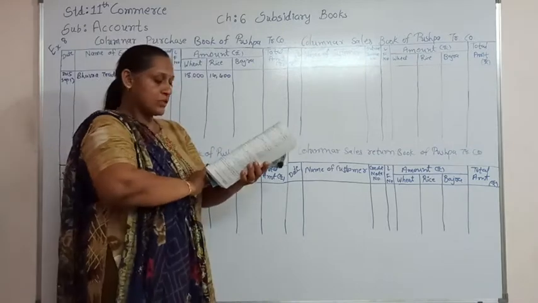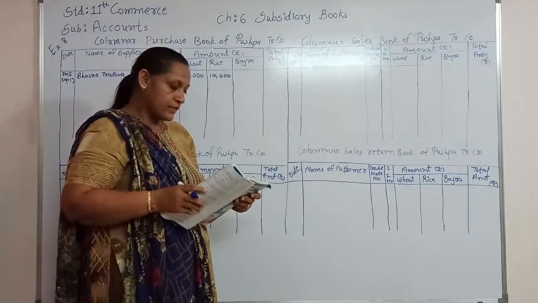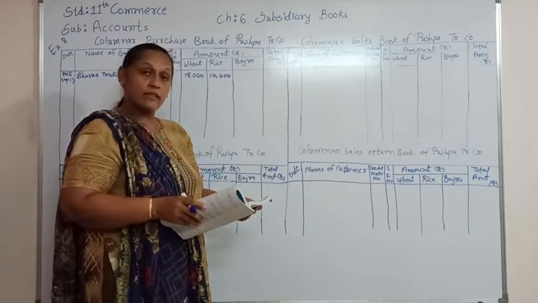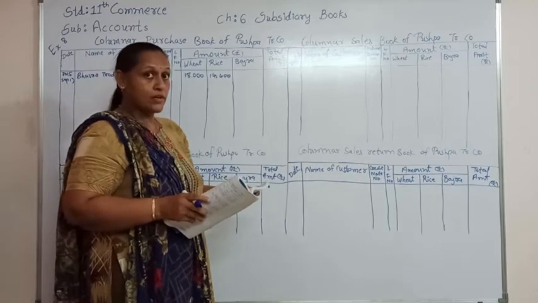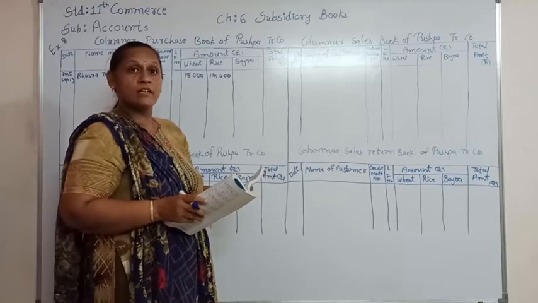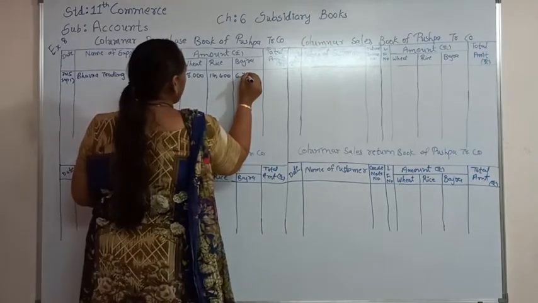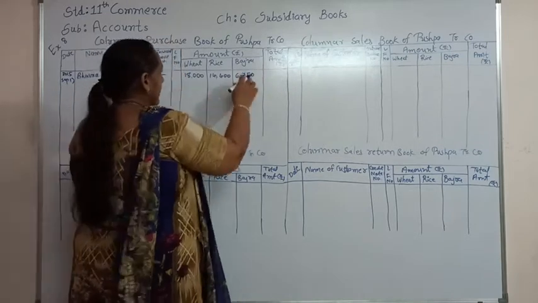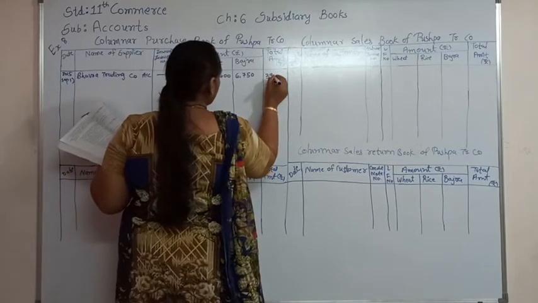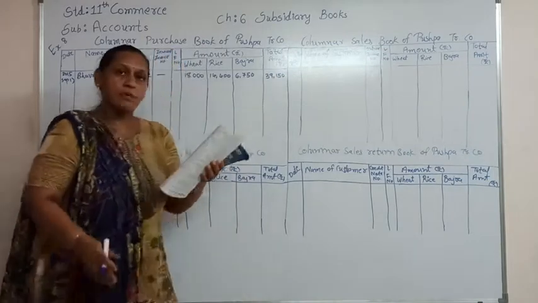And now for the bajra, the amount will be 500 kg at rupees 15 per kg, so that will be 7,500 rupees, and 10% trade discount will be 750, so that will be 6,750 of bajra. And let's make the total of that, that will be 39,150. So this is transaction number 1.